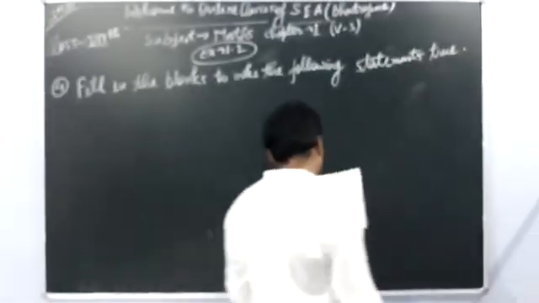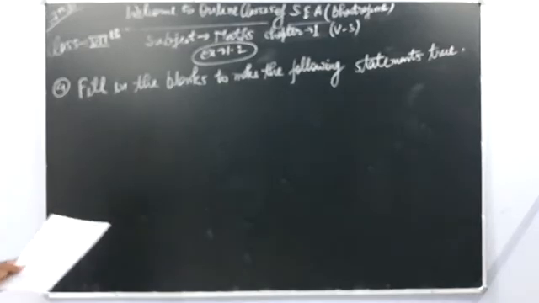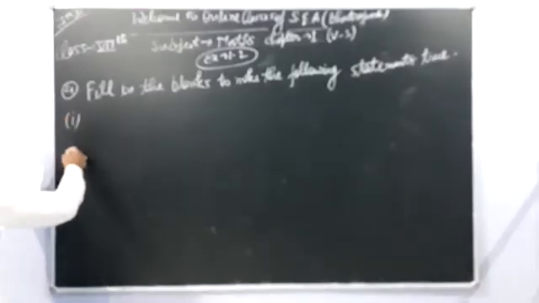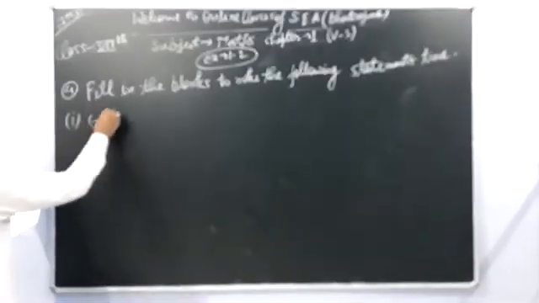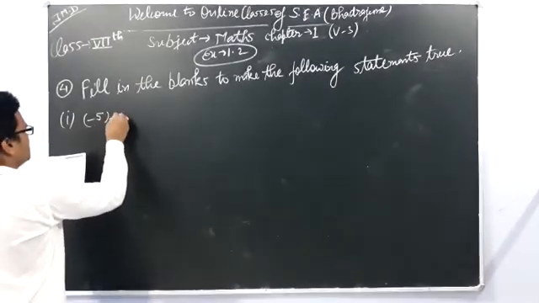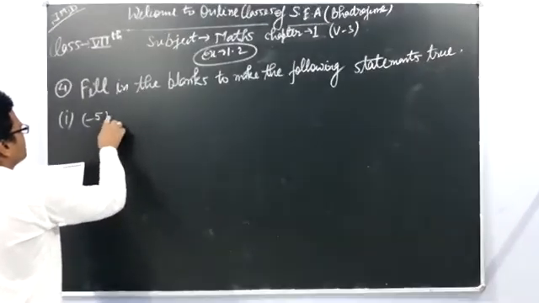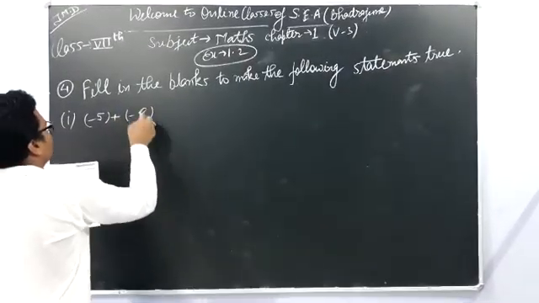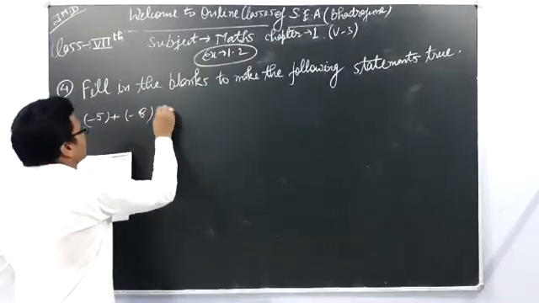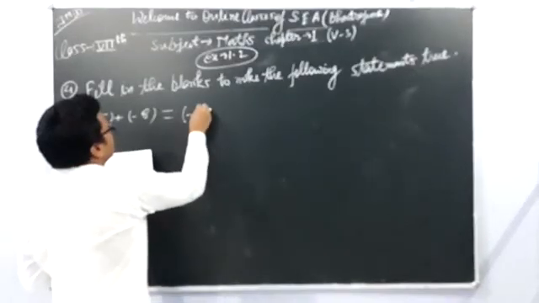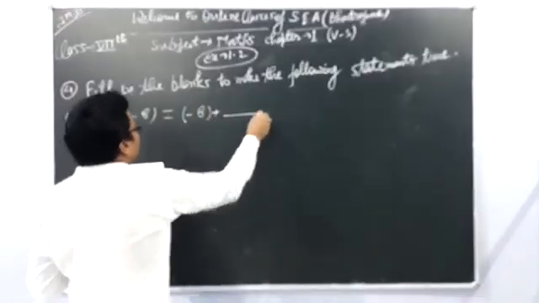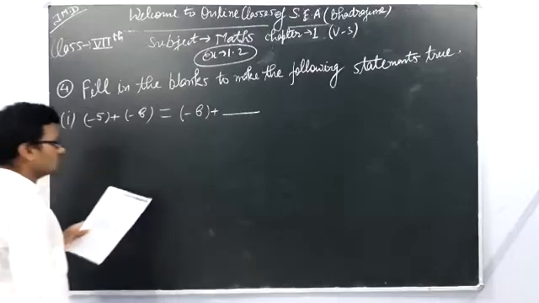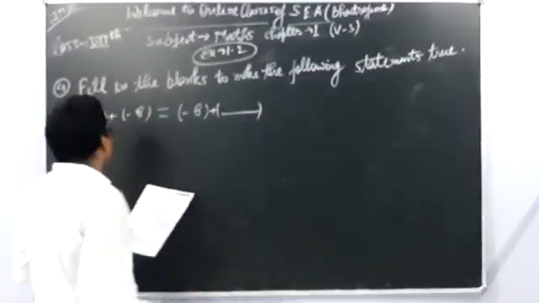Our first part is -5 plus -8 equals -8 plus what we have to fill over here.